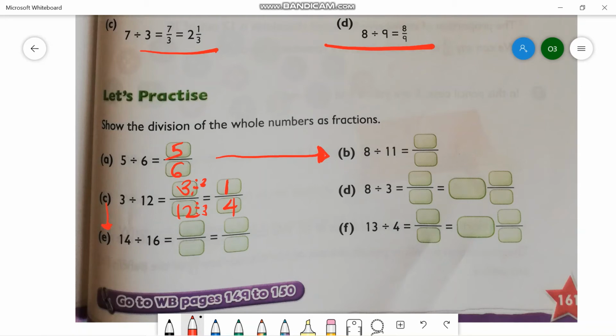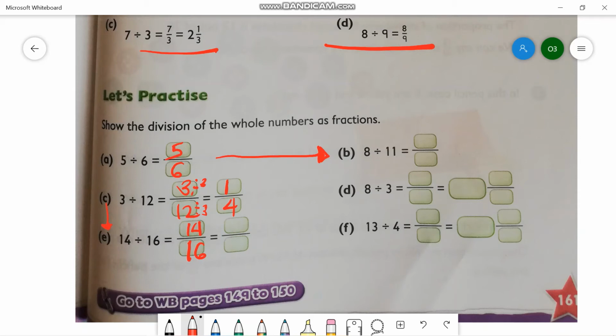Okay? 14 divided by 6. So we can write 14 divided by 16, not 6. Okay, so we can write 14 over 16. 14 and 16 is still not simplified. So we can simplify it by finding the highest common factor that we can divide for 14 and 16.